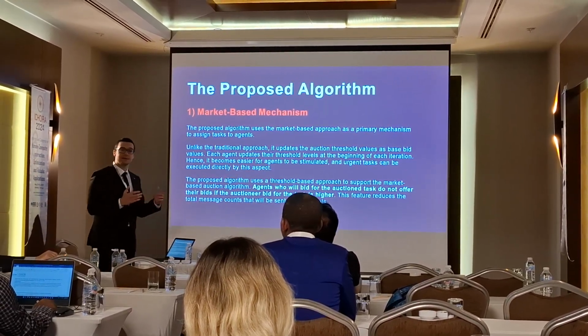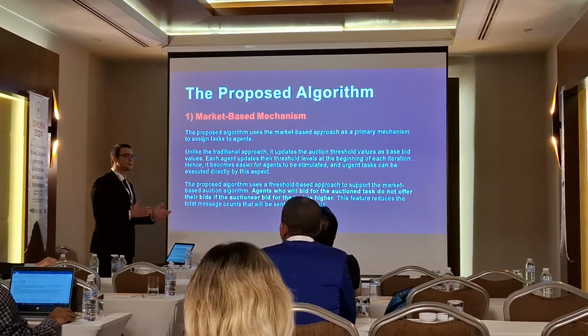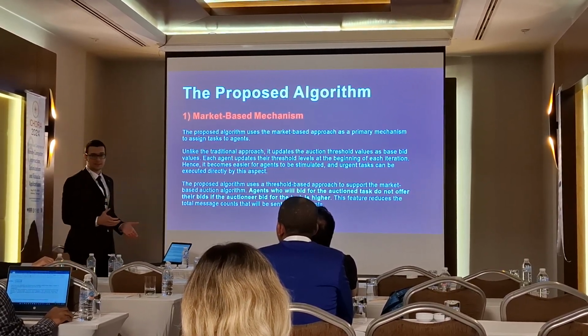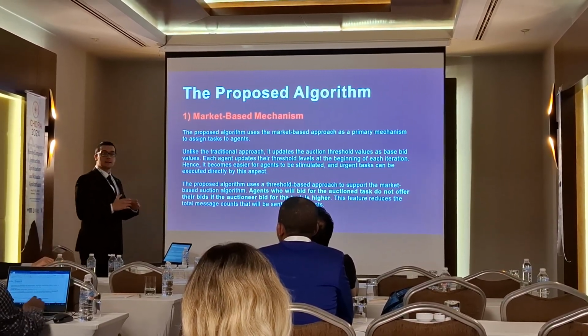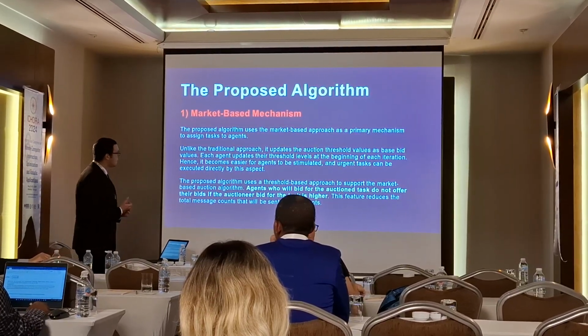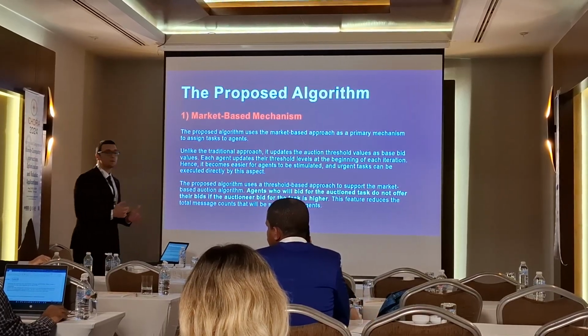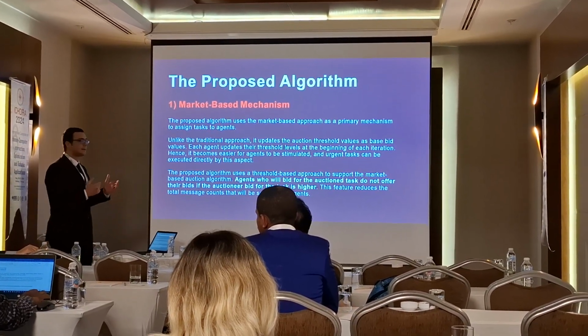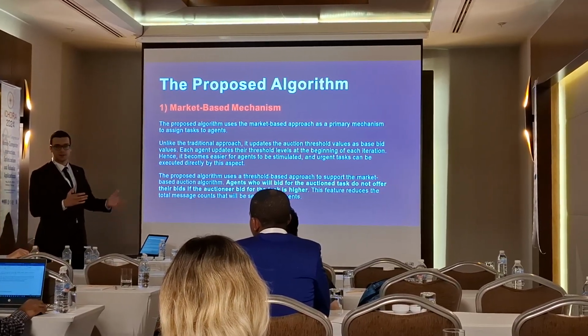But unlike the conventional market-based approach, it defines certain threshold levels for each agent, which can be stimulated, which can be awakened by a certain stimulus. And also the auctioneers can bid on the tasks too. So the auctioneer starts an auction.